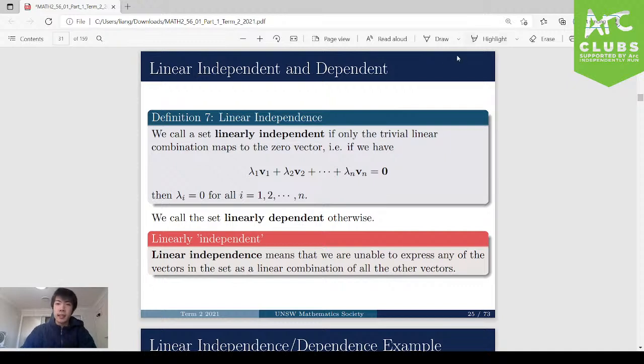So what that is saying is, if we take a linear combination of all the vectors in that set, V1 to Vn, and set it equal to 0, it's linearly independent if the only way this is true is if lambda 1 equals lambda 2 equals lambda 3, all the way to lambda n equals 0. So it's only linearly independent if all these lambdas equal 0. And if this is not true, we call the set linearly dependent.